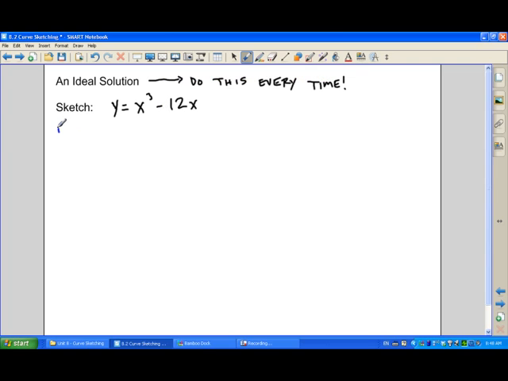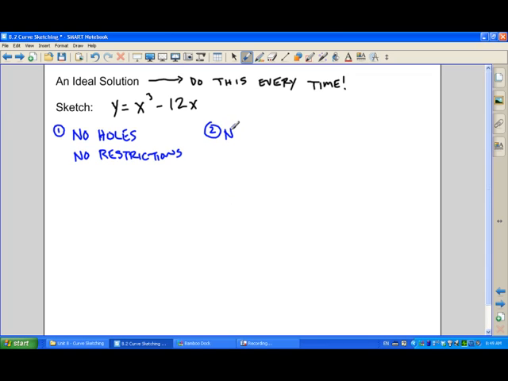And I'm going to start by looking at my algorithm, and I'm going to identify any holes or restrictions. I know this cubic function has no holes, and it has no restrictions.